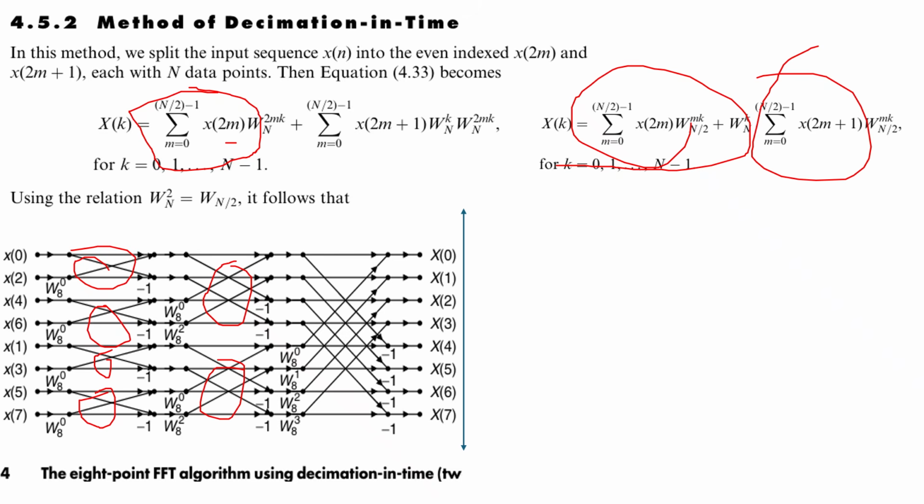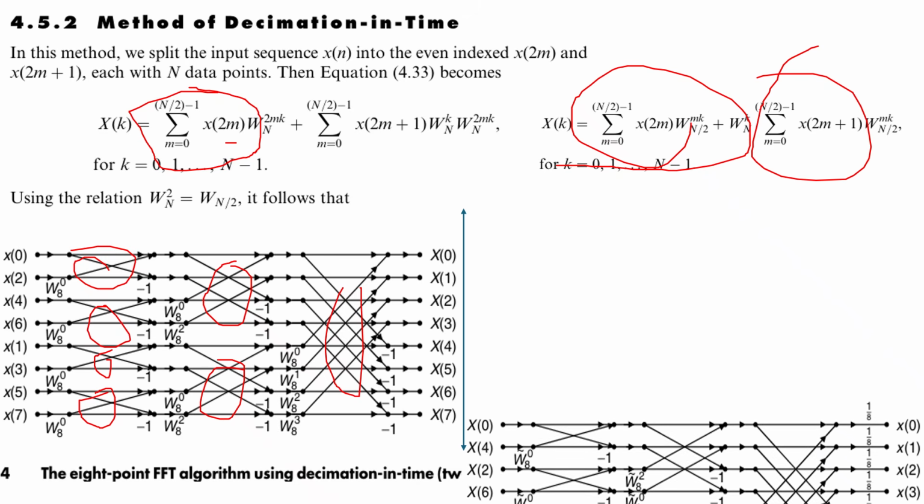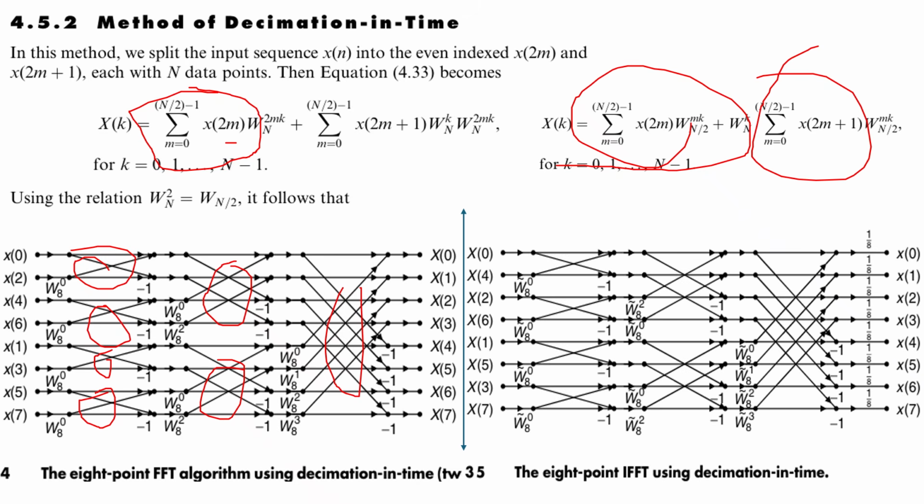So again 2 cross 2 butterfly structure, this is called 1 cross 1 only. So here if you see 4, 2 and 1 butterfly structure, right? So just reverse to the decimation in frequency. This is for the fast Fourier transform, and this is for the inverse Fourier transform, right?